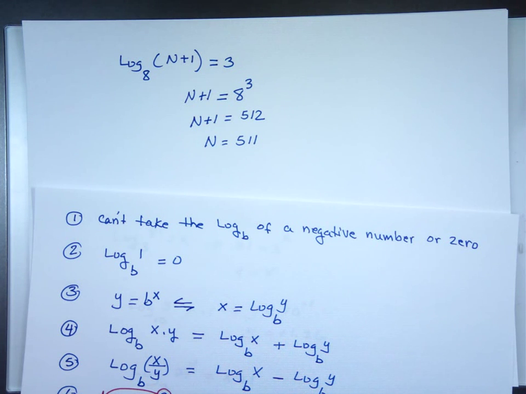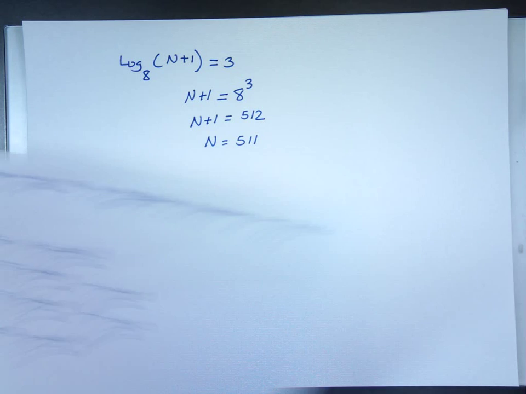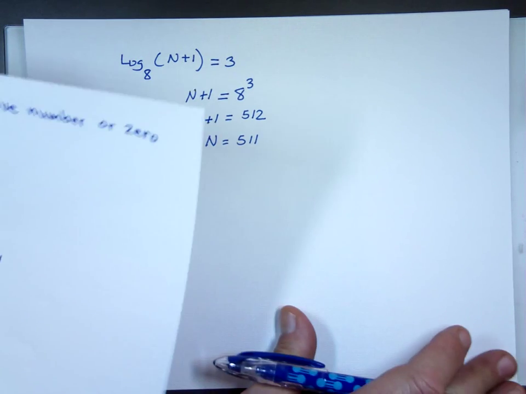Okay. Let's try some of the other rules besides rule number 3. And maybe I will label which rule I'm going to be using, like rule 4, rule 5, whatever the case is.